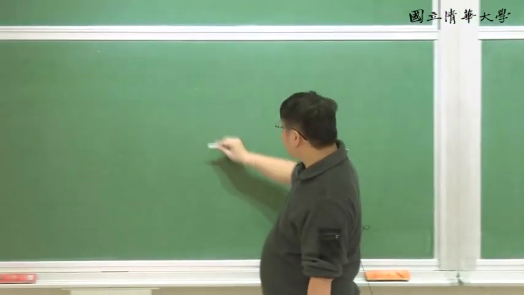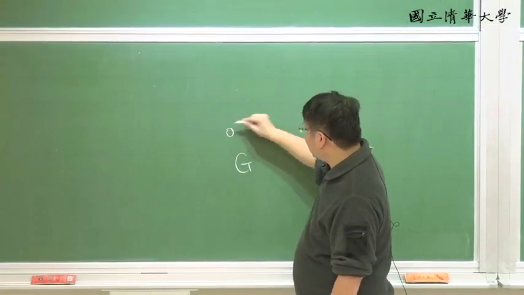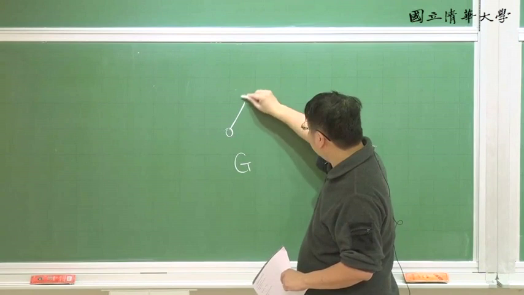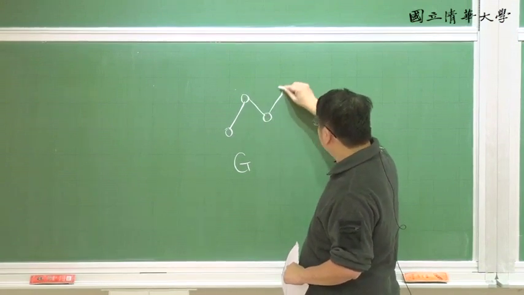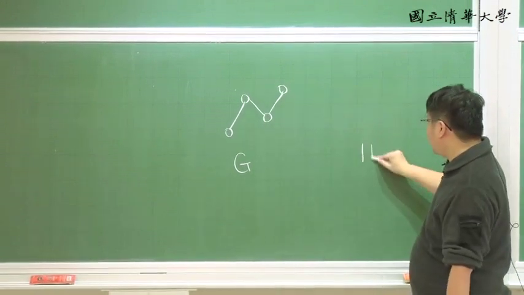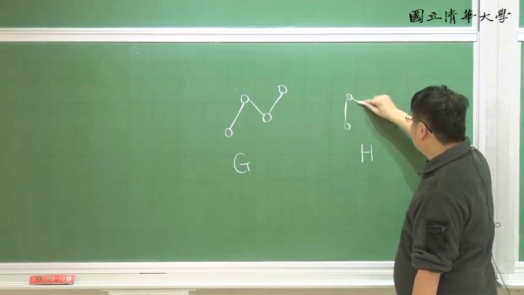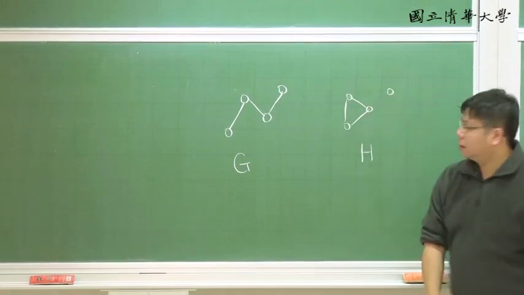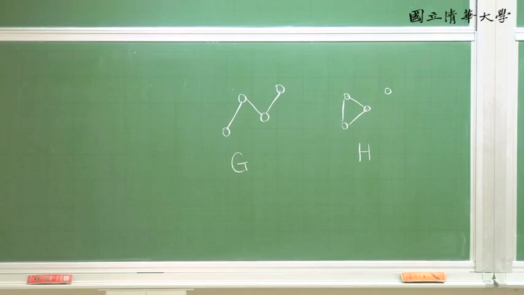I have a graph G that looks like this, and then I have a graph H that looks like this. We have two graphs. They have the same set of vertices, but you can say that they cannot be isomorphic. Why?